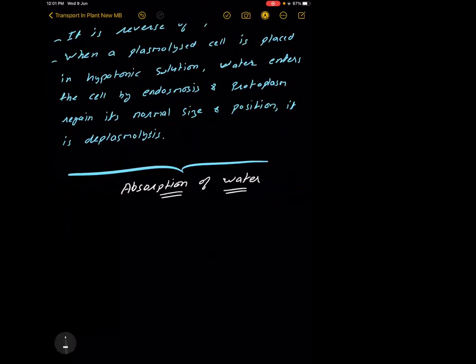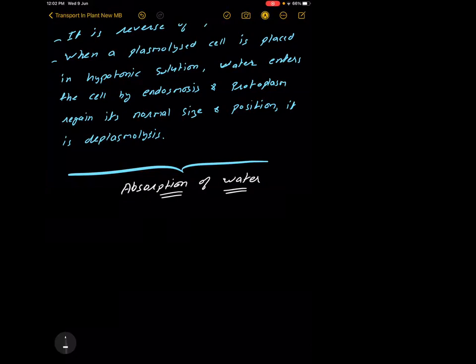Now absorption of water. Before this, there are three different terms. Sir, does deplasmolysis occur only to the cell which is shrunk, or to the normal cell also? No, normal cell you cannot. If the plasmolysed cell is there, if the protoplasm is concentrated, you can break this plasmolysed condition. Normal cell is just normal cell. This is a turgid cell. There is no requirement of entry of water.